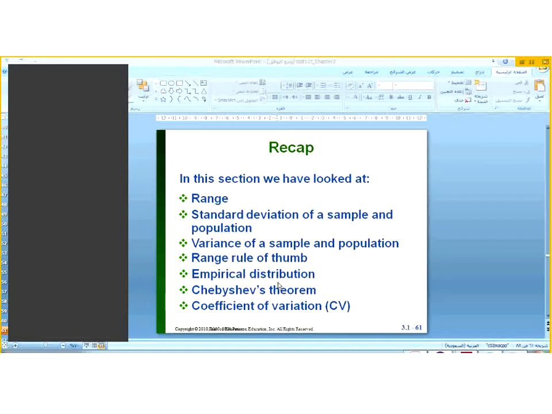What does the coefficient of variation, CV, equal? It's the last one we took. It equals S divided by X bar multiplied by 100%. Okay?